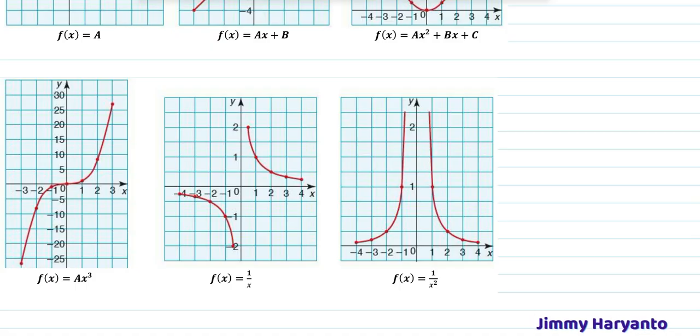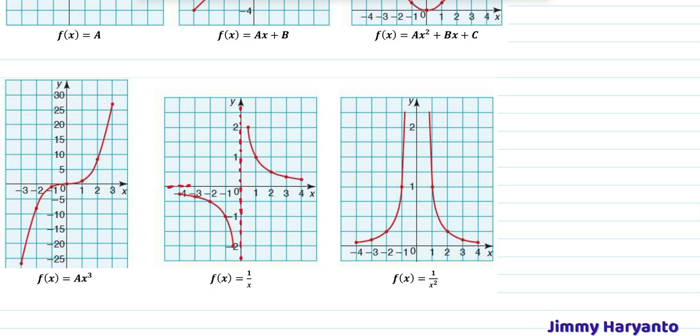And then for 1 over x, the x is at the bottom. That means the curve will be split into two parts. The first one is this one, and the second one is that one. In 1 over x, there is a straight line that is not part of the graph, called an asymptote. The asymptotes of 1 over x will be right here.